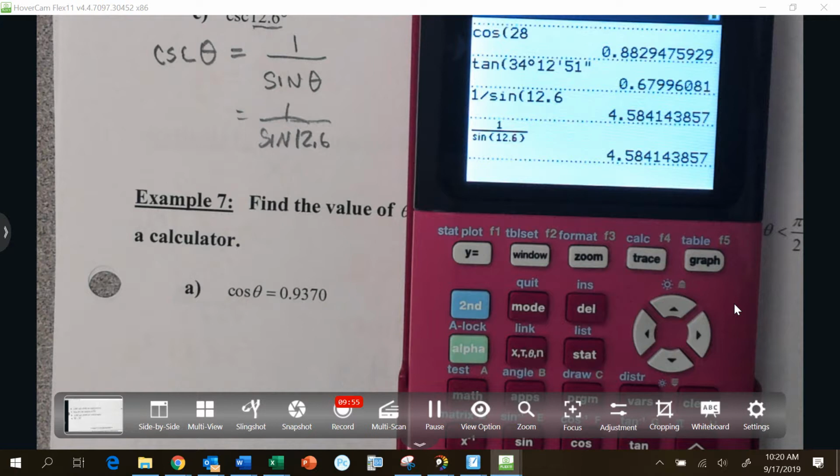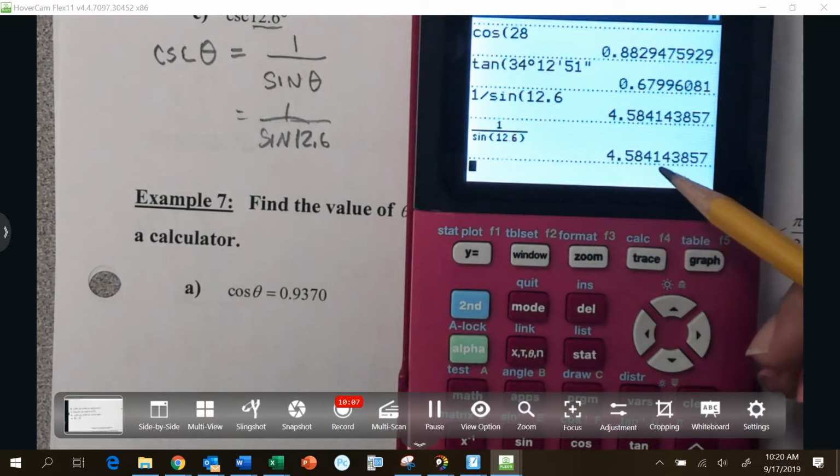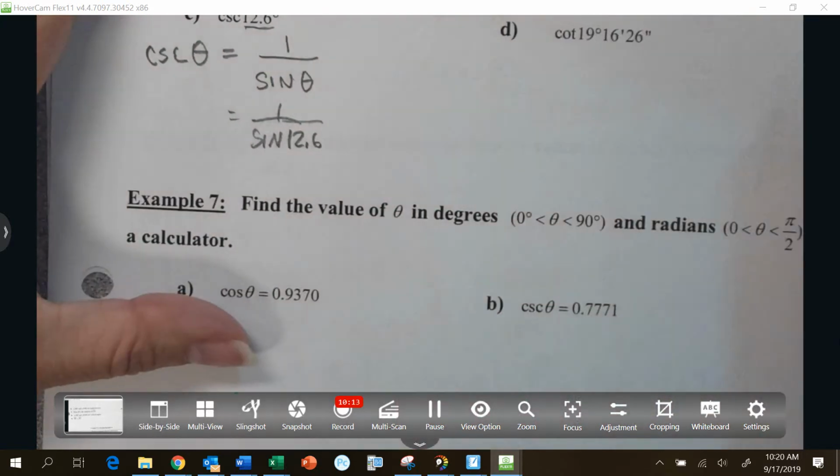Then I'm going to round that to 4 decimal places. So 4.584. What do I do with that 1? Leave it. Okay.